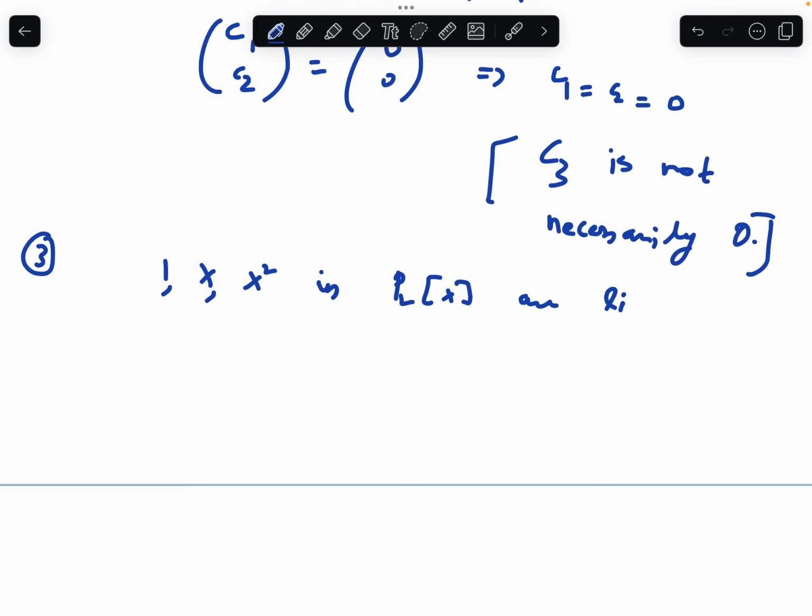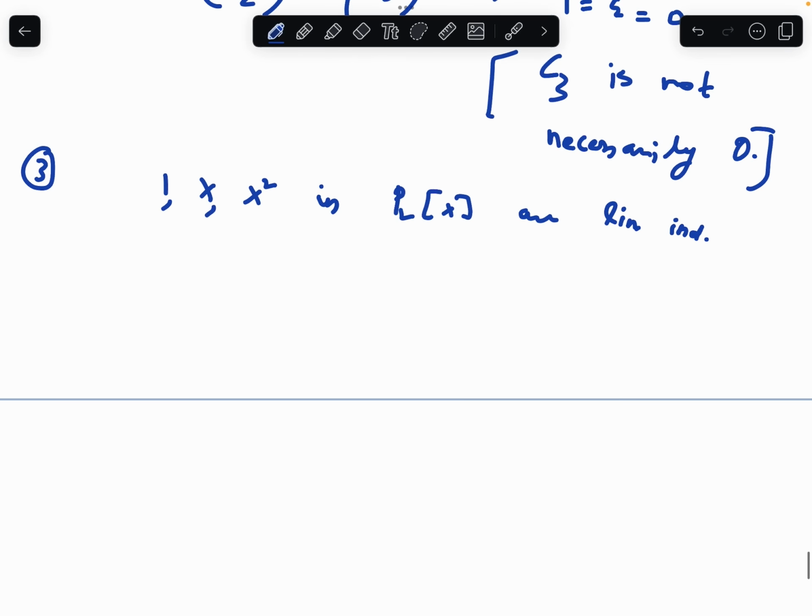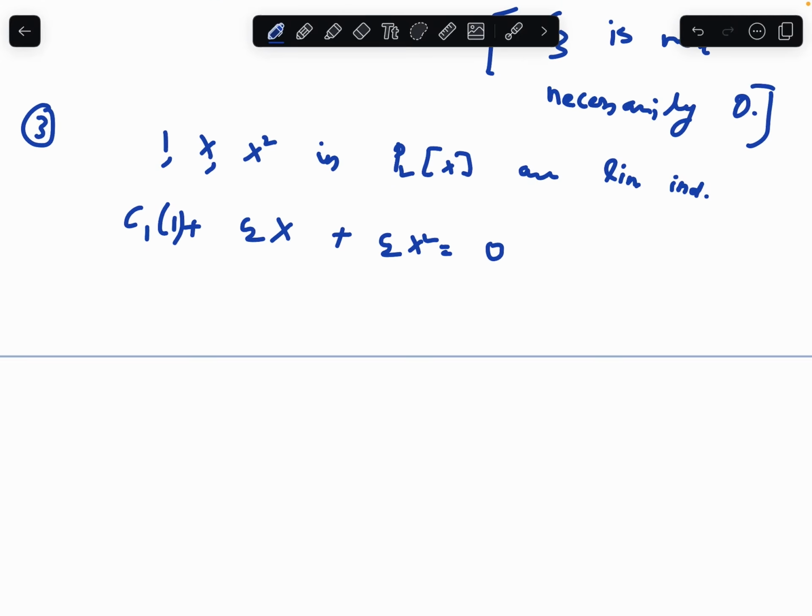They are linearly independent, right? Why? Because you write C1 into 1, C2 into x, C3 into x square equal to 0, right?